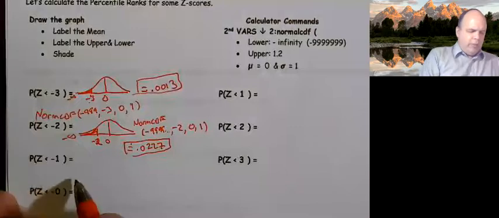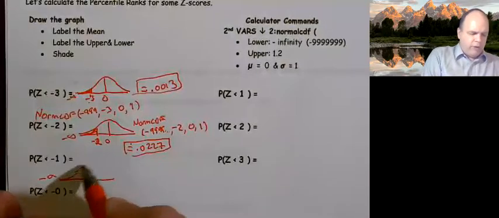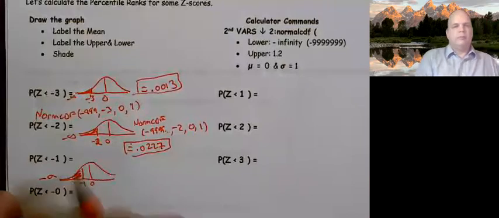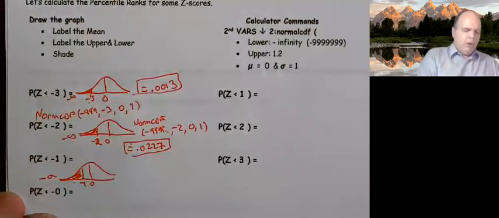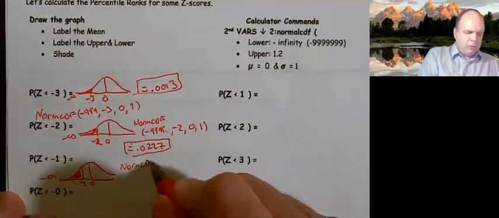Now we want to do the same thing for -1. So we're going to draw our picture. Negative infinity, normal curve. And by the way, I don't draw these perfect and you don't need to either. So -1, right there. We know it's a norm CDF.